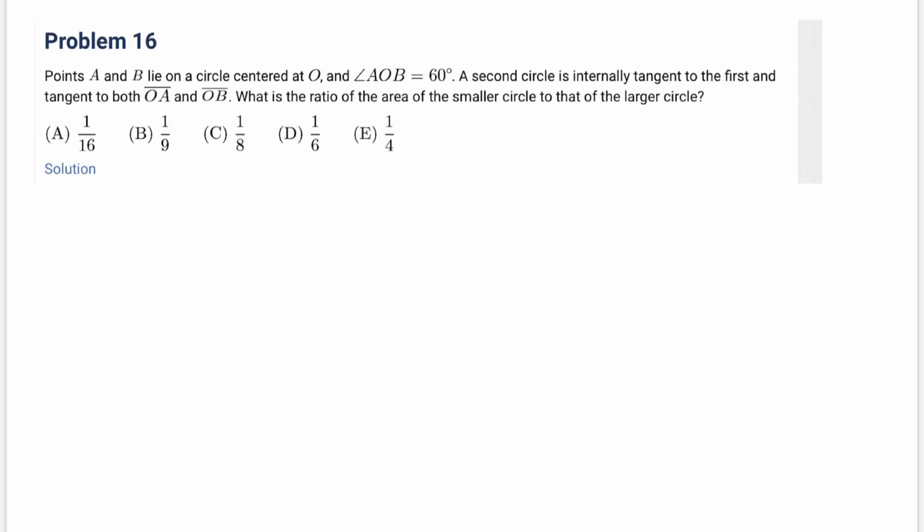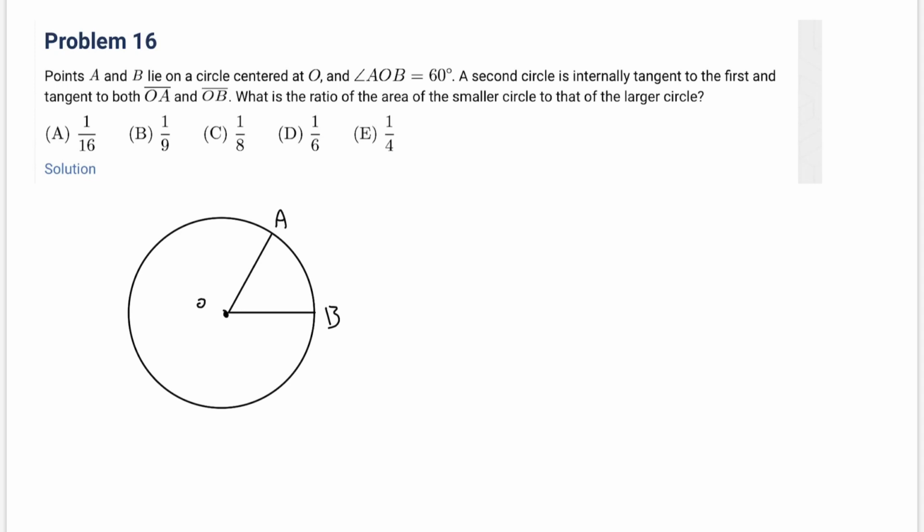Okay, so if A and B are on a circle centered at O, this is O, and AOB is 60 degrees, so this would be B, and since it's 60 degrees, it will be like this, A. And then a second circle is internally tangent to the first and tangent to both OA and OB.